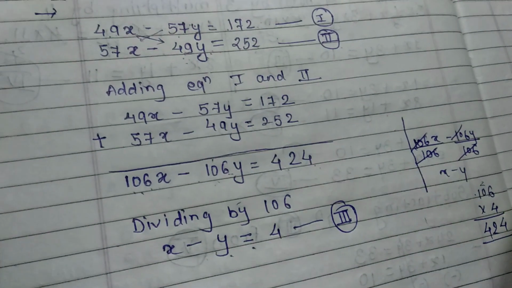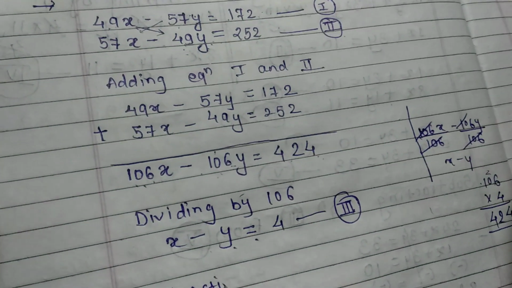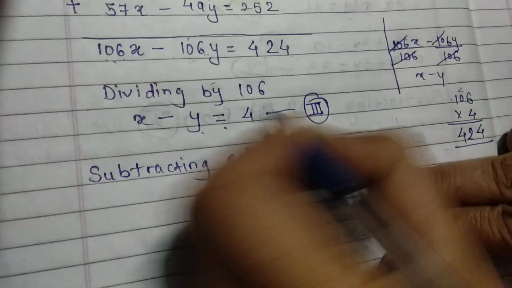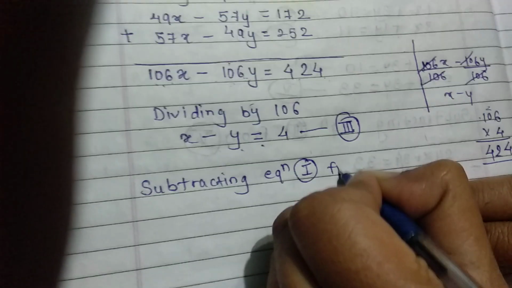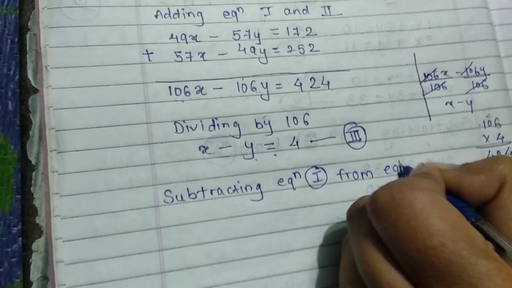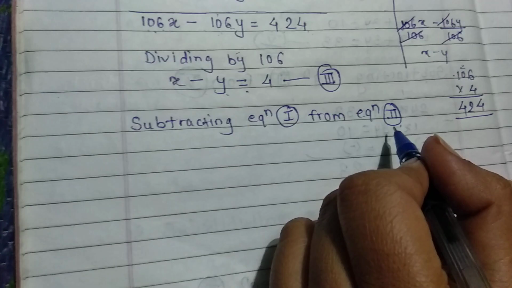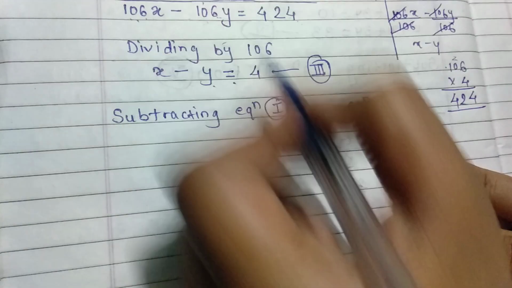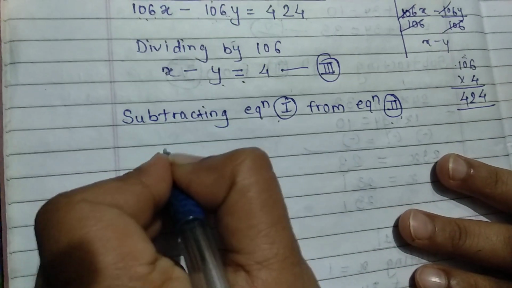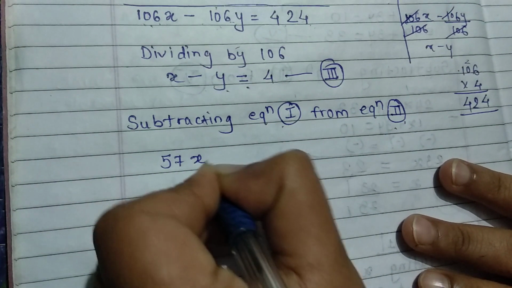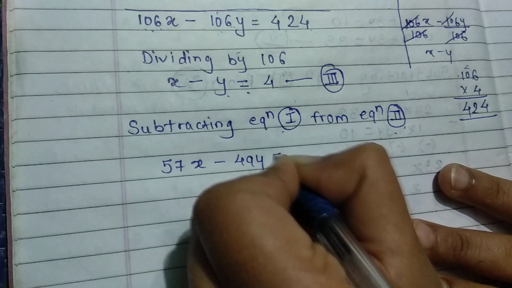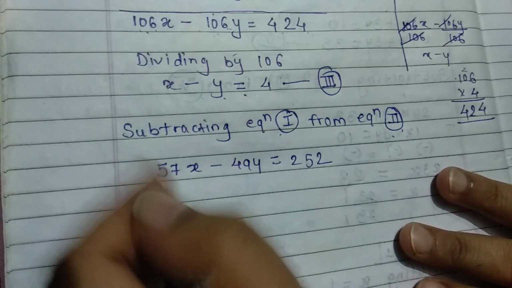So here we are going to say subtracting equation 1 from equation 2. From equation 2 we are going to subtract equation number 1. So equation number 2 we write down first: 57x minus 49y is equal to 252.